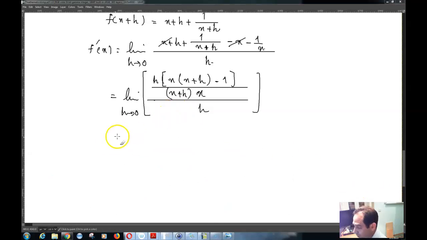And so as you can see here, it's just pure algebra, right? And basically over here, if you haven't learned your algebra well, then you will get into trouble here.